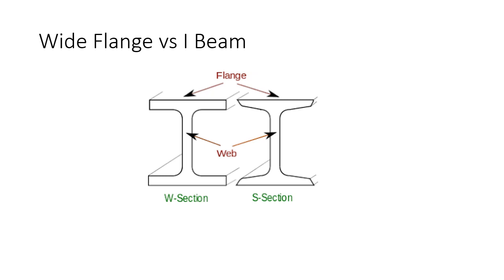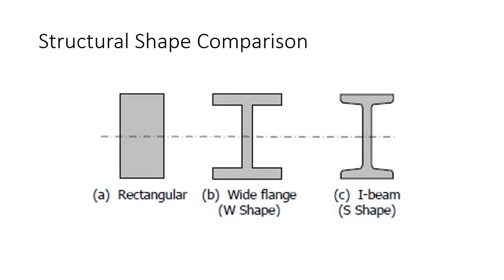So you can see the wide flange is on the left-hand side, and the right-hand side is an I-beam. Here's another view you can take a look at, and you can see the wide flange, which they call a W shape, and then on the far right-hand side, C, we've got the I-beam. You can see it's a little different shape than the wide flange.